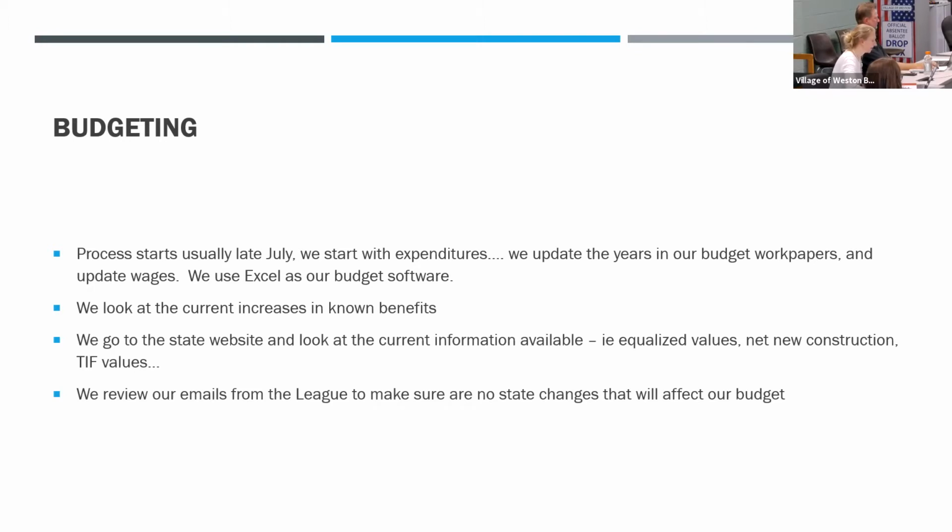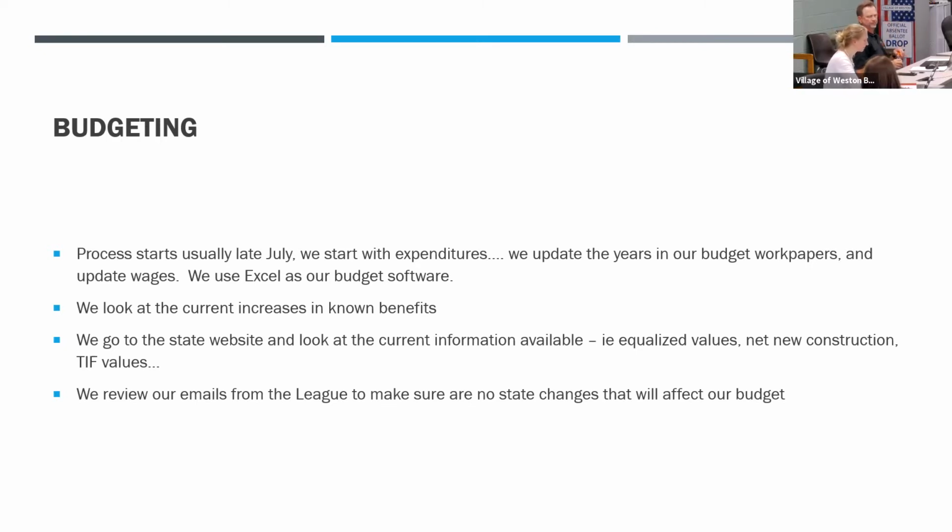After the wages, we look at current increases in known benefits, like what WRS is going up. Health insurance is going to be a challenge this year. This is going to be our first year on our new health plan. We're not going to know what the rates are until closer to the end of the year.